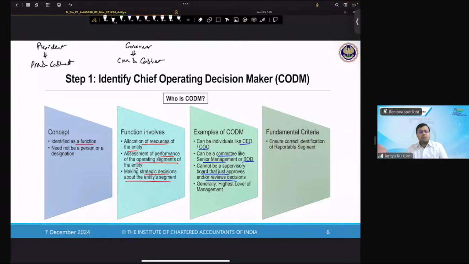They are not needed, because the PM and the CM are efficient enough to manage their activities of governance. So the prime minister and his cabinet, the CM and his cabinet, these are the people who become the chief operating decision makers for whatever category they are working in.